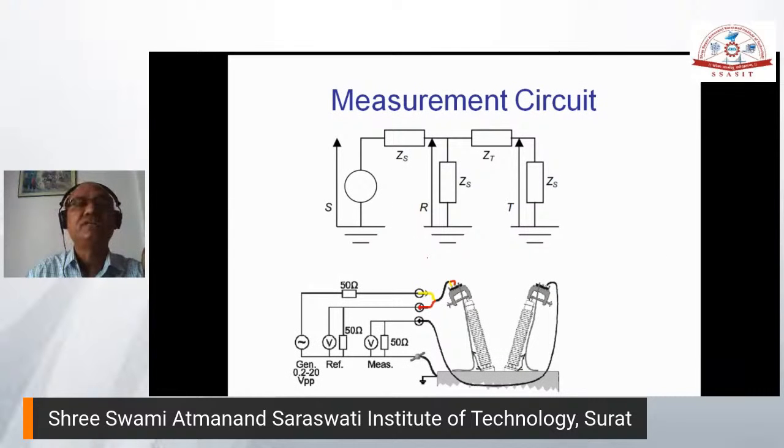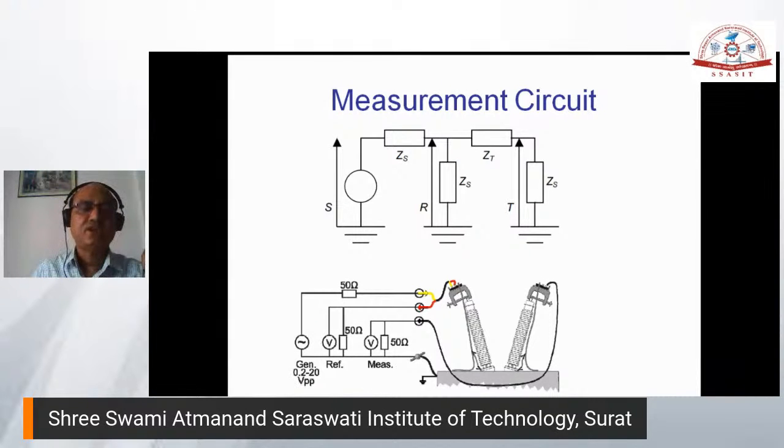So this is a typical schematic diagram of the measurement circuit. The input voltage is given over here, and the response on the other side is measured. You can see in the bottom diagram, the voltage is given on one side.